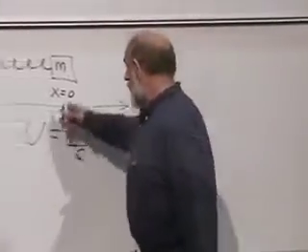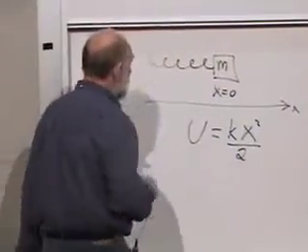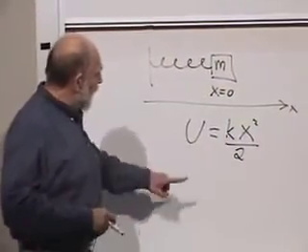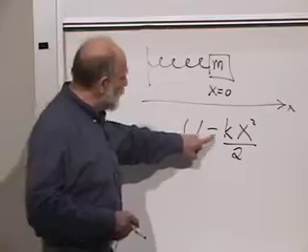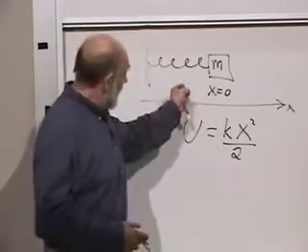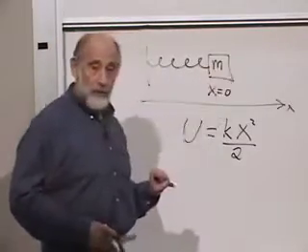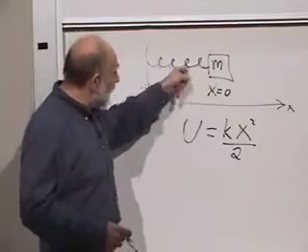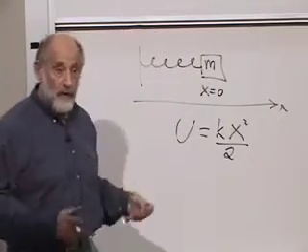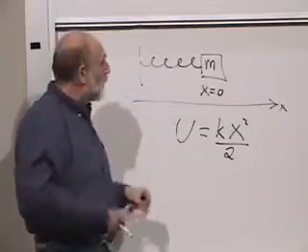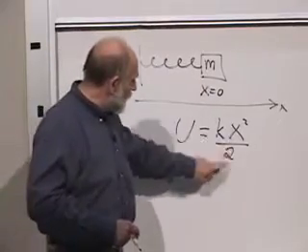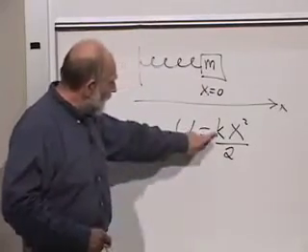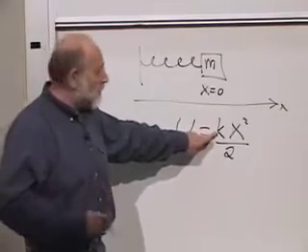Okay, so for a simple system like a spring, a good approximation is to say that the potential energy is positive. You increase the energy by stretching the spring. You also increase the energy by compressing the spring. In either direction, you have to work to move the spring. Kx squared divided by 2. The fact that there's a numerical number there is not surprising.